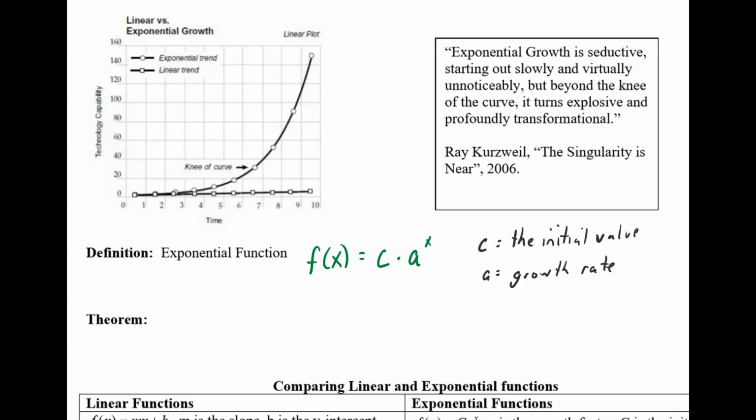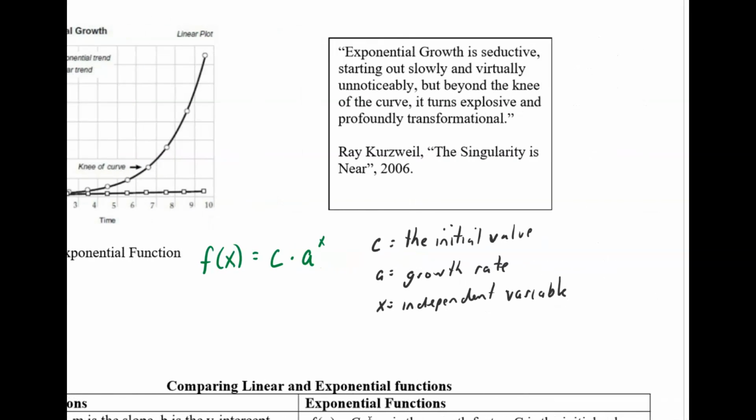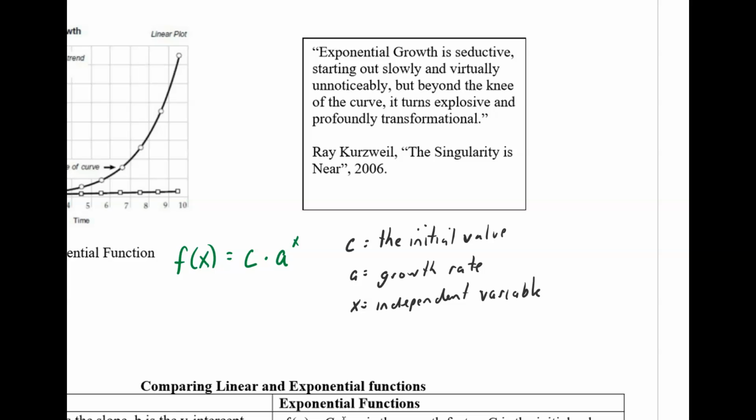And x is the independent variable. Now the independent variable can be any real number. The initial value is anything but 0.